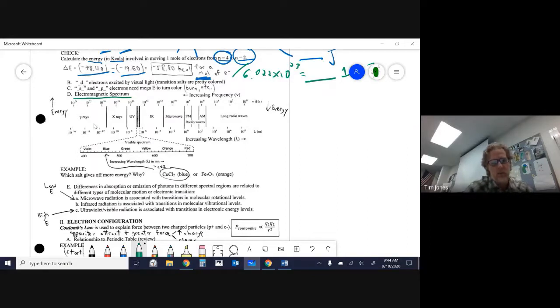So sometimes you'll see an author will put gamma rays on the right over here and radio waves on the left. So be aware, if they reverse it, of course, the energy direction reverses and high energy would be on the other side.